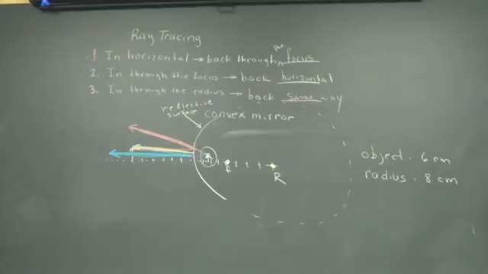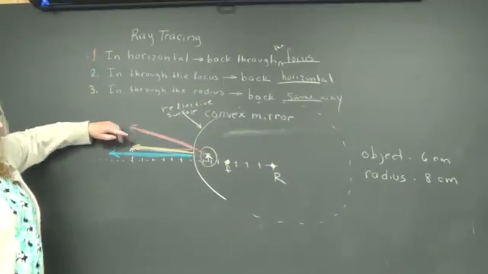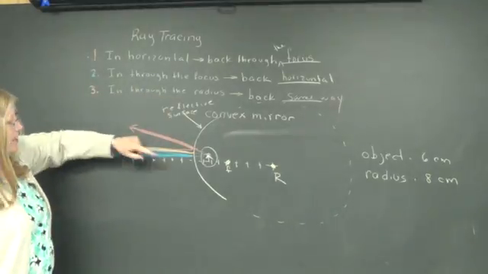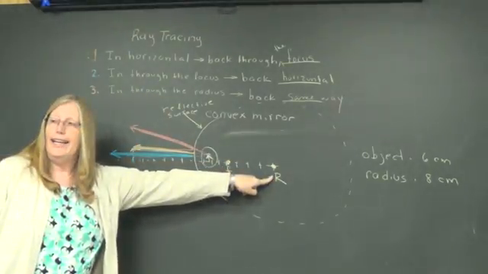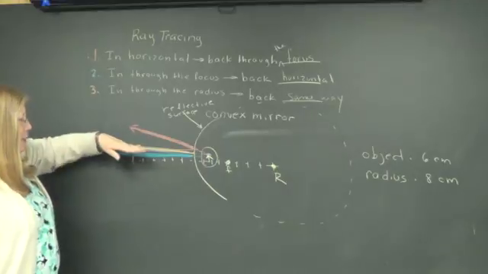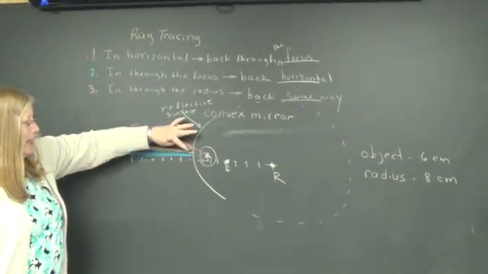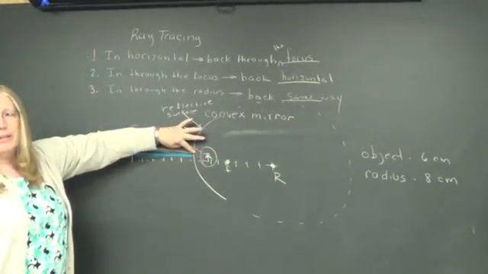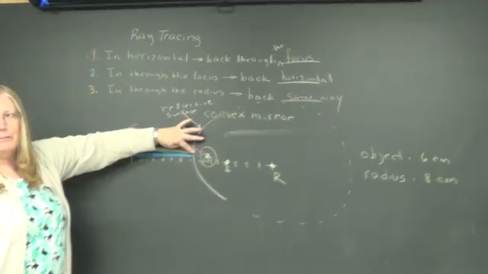Wait, hold on. Let's pause. Yep. Okay, the third one, the orange one, it went from the top of the object in through the radius. So I eyeballed the radius way over here. And I'm heading straight toward the radius. And when I hit the mirror, I'm going to stop because nothing passes through the mirror.